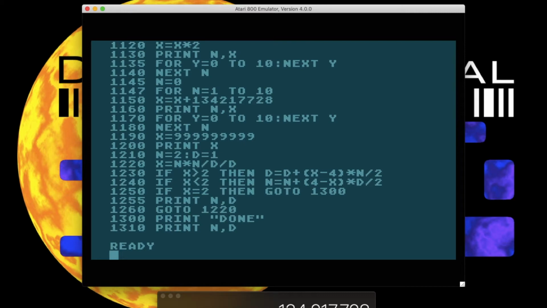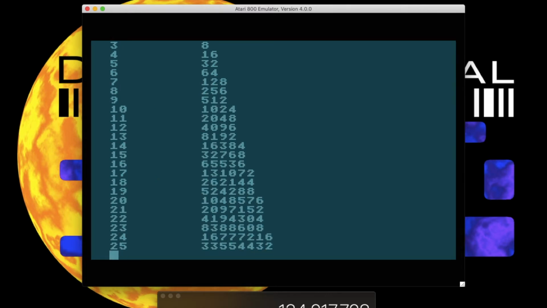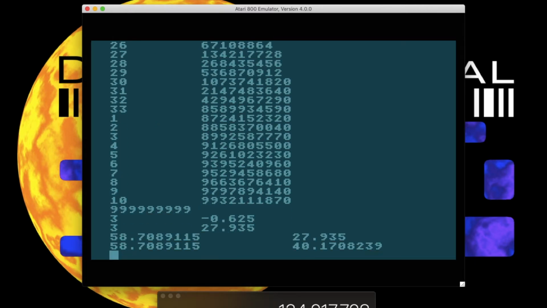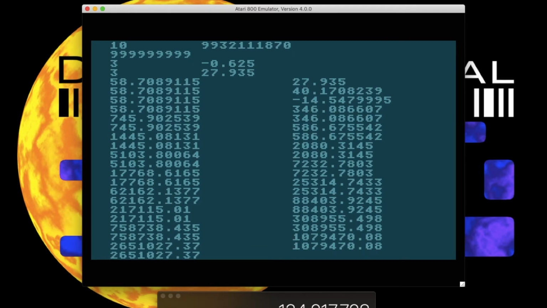So x always equals 2. Is that it? Let's make this different. Let's do 3. Make D 2. Maybe that'll fix it. Yeah, there we go. Now we're thinking.